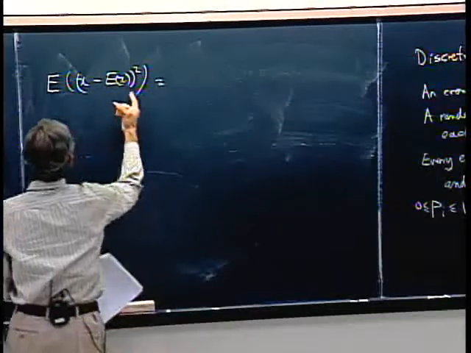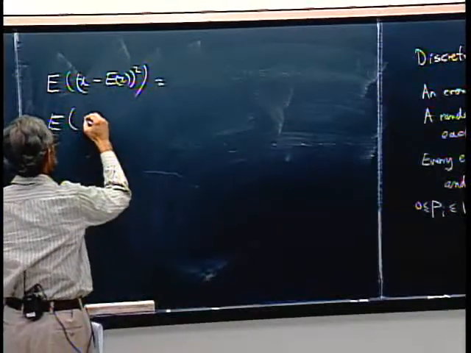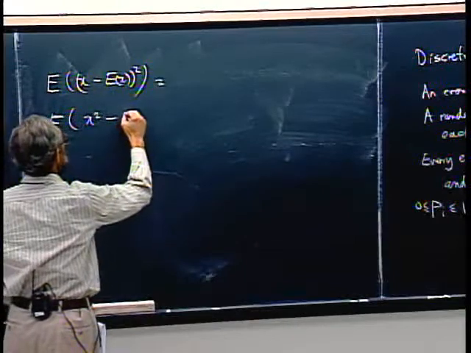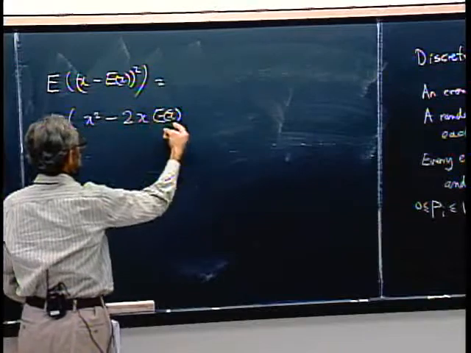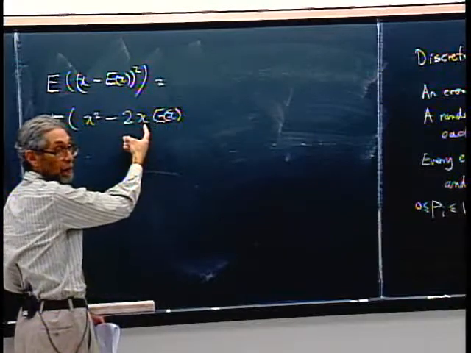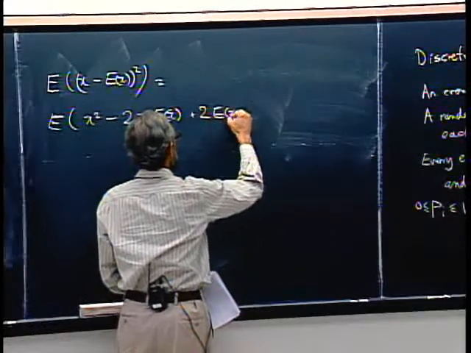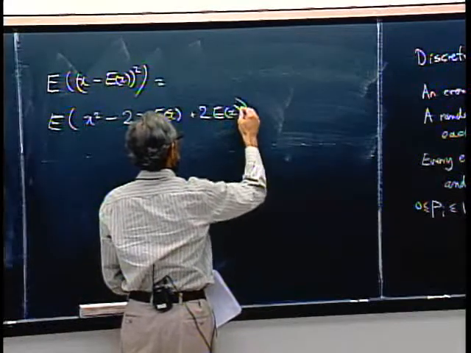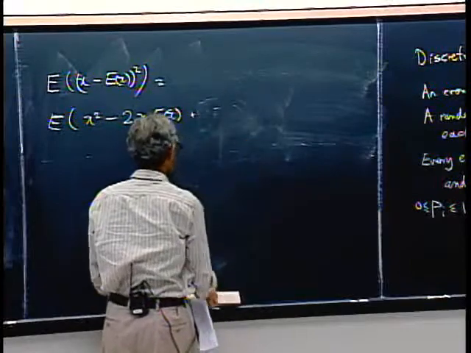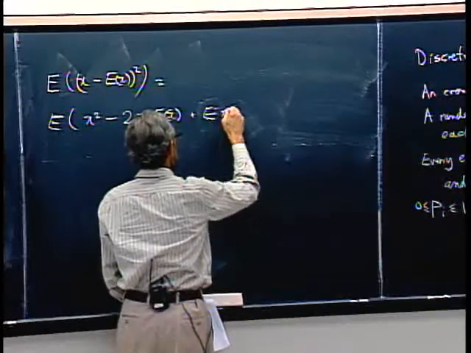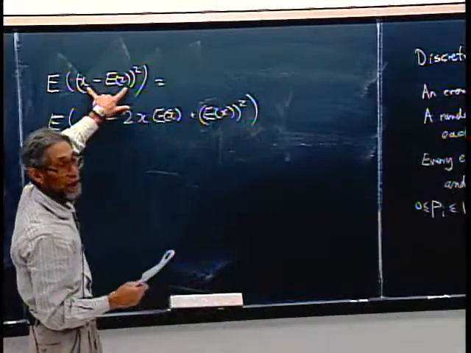Well, this thing I can multiply out as x squared minus 2x E of x, where E of x is a constant and x is the variable, plus E of x quantity squared. That's just re-expressing what I've got inside here.